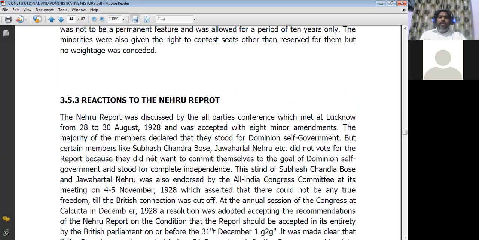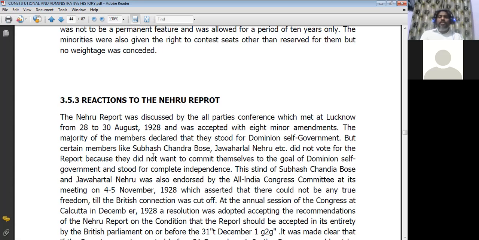Okay, so the Nehru report was discussed by the All Parties Conference, which met at Lucknow from 28 to 30 August 1928, and was accepted with 8 minor amendments. The majority of the members declared that they stood for dominion self-government, but certain members like Subhash Chandra Bose, Jawaharlal Nehru, etc., did not vote for the report because they did not want to commit themselves to the goal of dominion self-government and stood for complete independence.